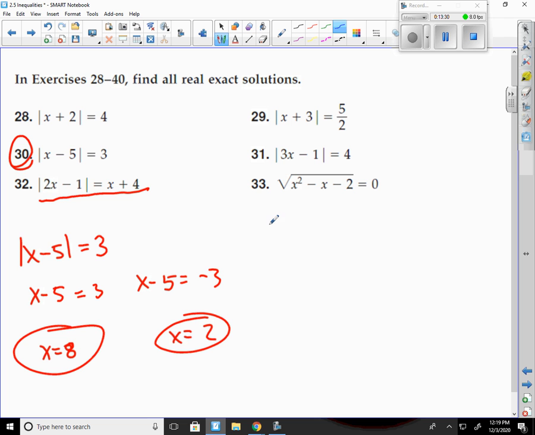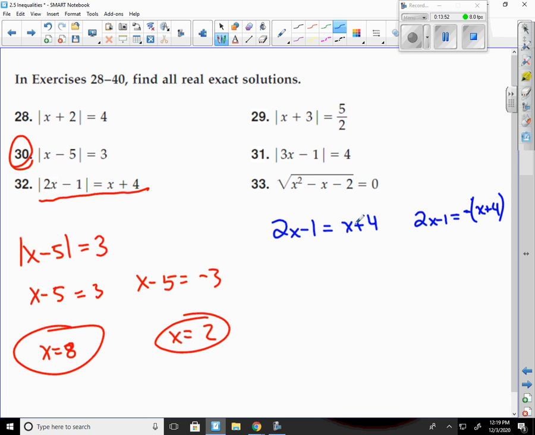So if I look at 32, I'm still going to make that 2x minus 1 equals x plus 4. And then 2x minus 1 equals, make sure you put the negative out in front of everything so that I remember to distribute that.